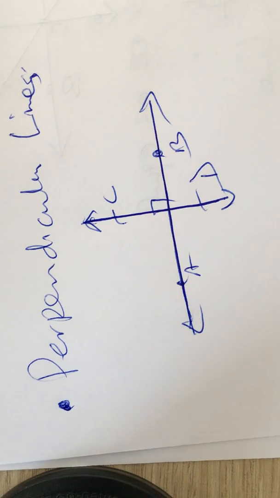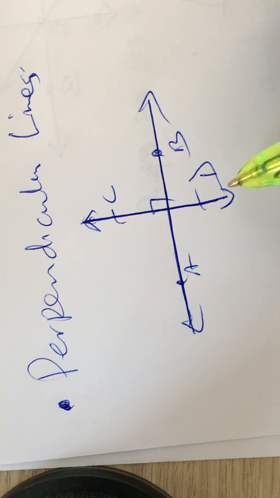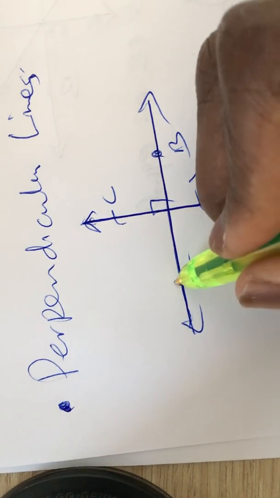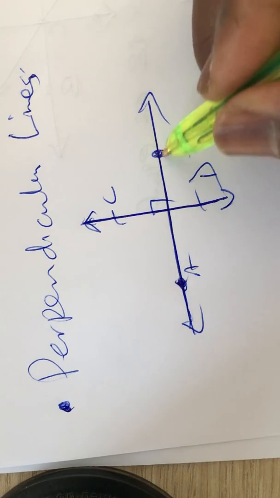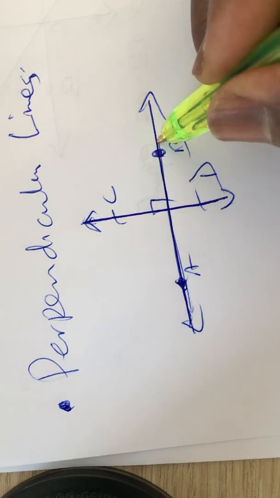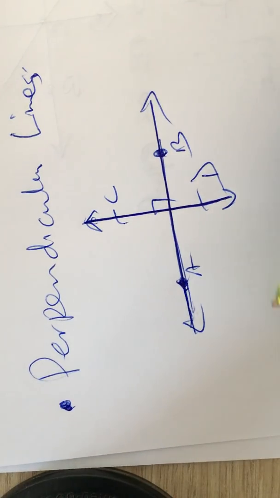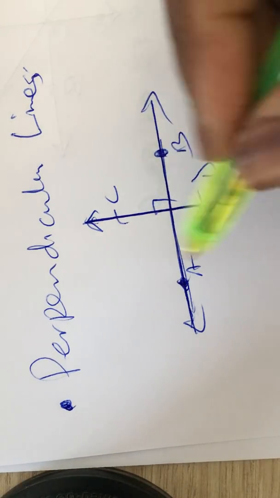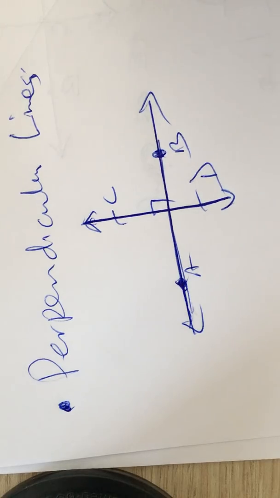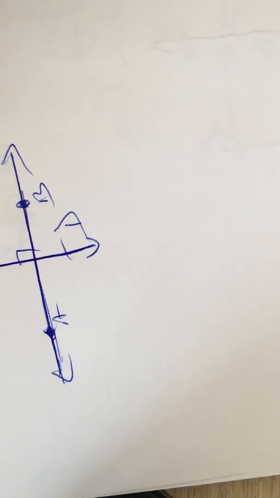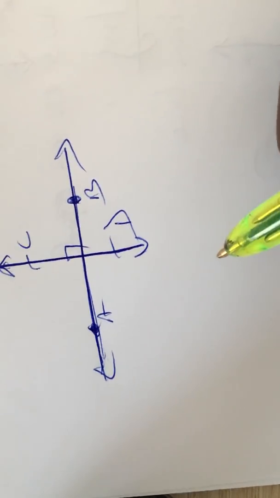A perpendicular line is not equal to a perpendicular bisector, because when you take the reverse of this line here, you will get exactly that line. Each line is the reverse of the other, and that gives you what is known as perpendicular lines, which intersect at a right angle.